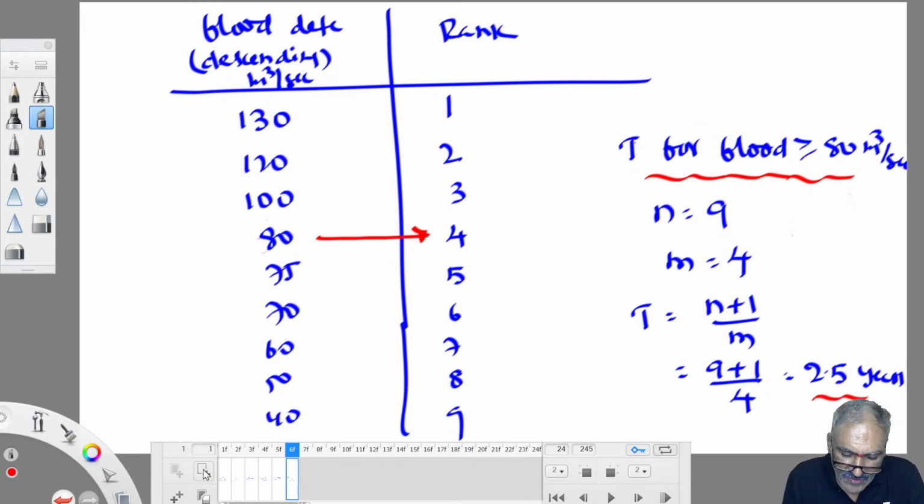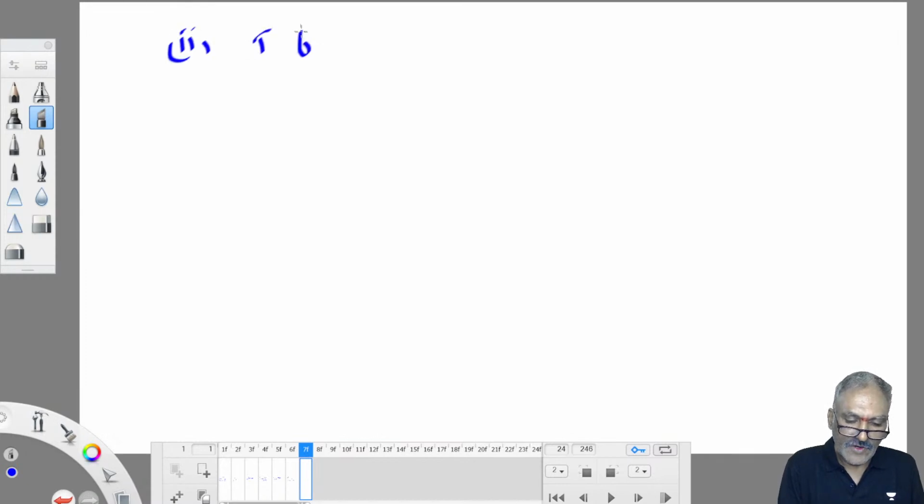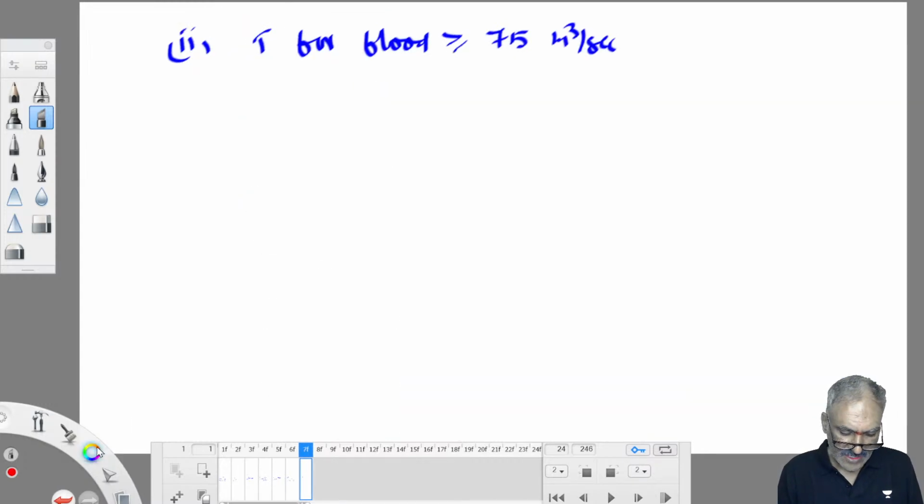For the second question, you try on your own. What is the second question? T for a flood greater than or equal to 75 meter cube per second. What is the rank for 75 meter cube per second? It is 5. Okay?